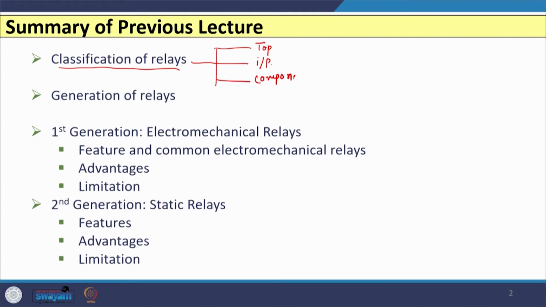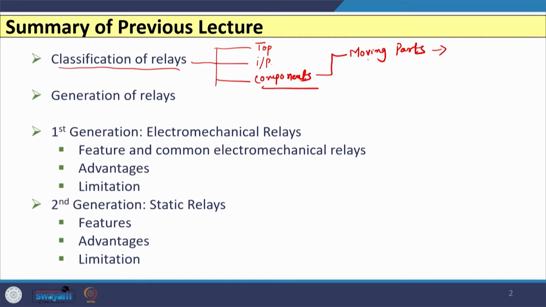Let us say a relay may use some moving parts. If a relay contains moving parts, then this type of relay is known as an electromechanical relay, and this we have discussed.